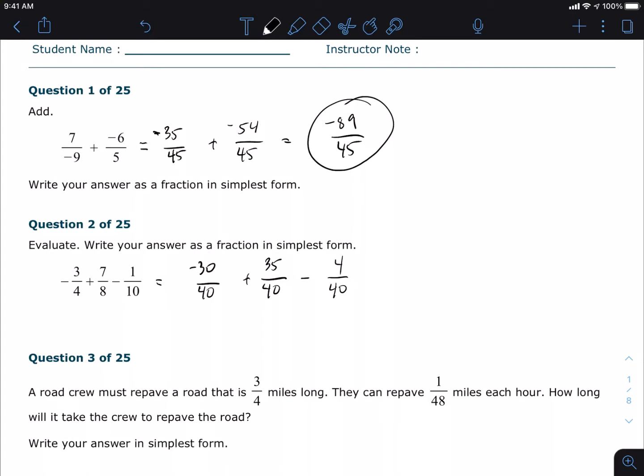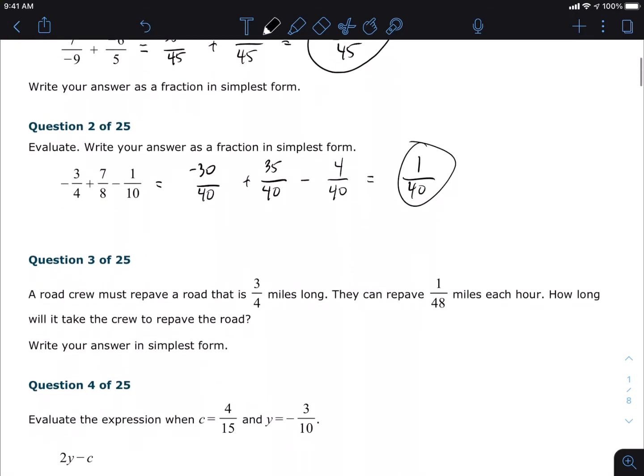We're okay with that? Okay. So negative 30 plus 35 gives me a 5, minus 4 gives me a 1. We're good? Okay.